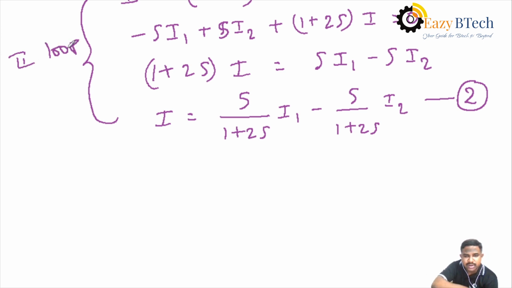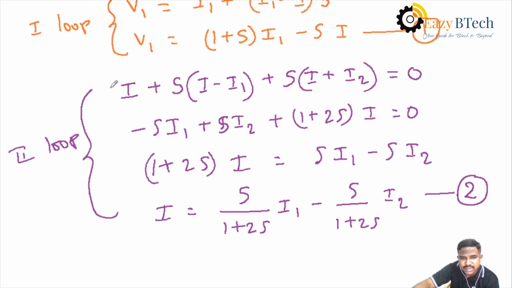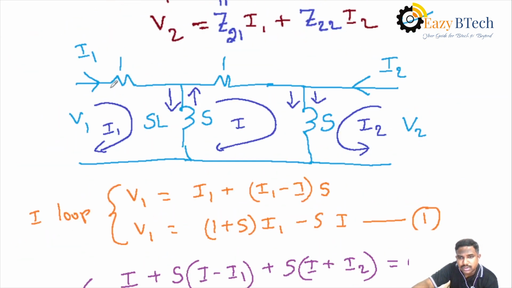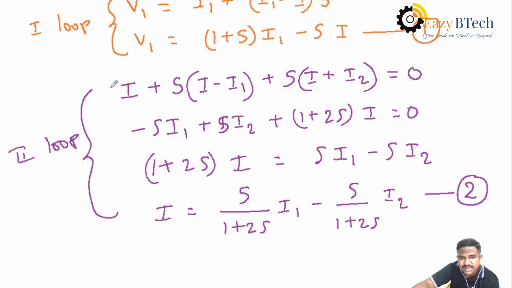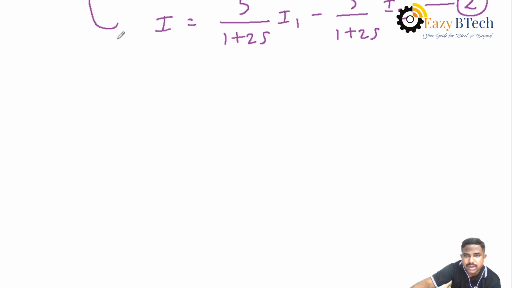Similarly, apply KVL to the third loop. In the circuit, the third loop has only the S element. What is the third loop equation? That is V2. The current I2 is passing from minus to plus, higher potential, that's why positive V2.